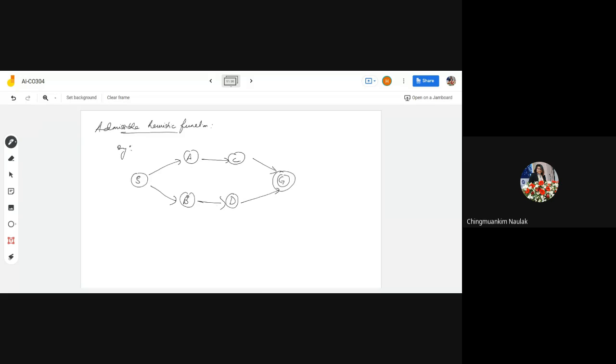I can reach the goal node from B as well, and I'm given some heuristic values: 4 for S, 3 for A, 1 for C. Goal node always has 0 heuristic value, and 3.